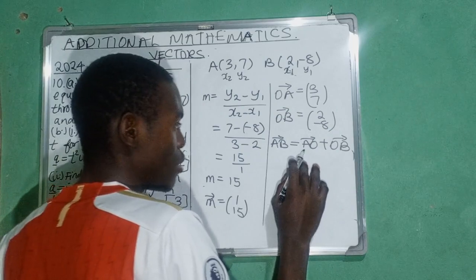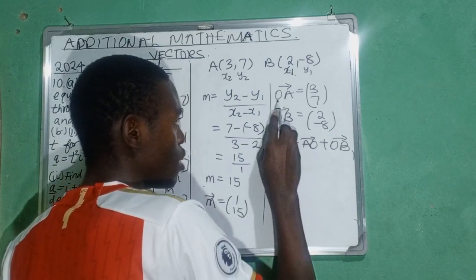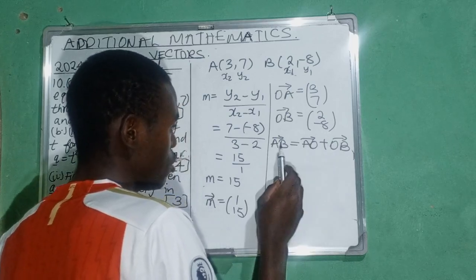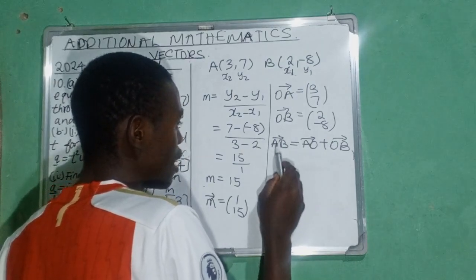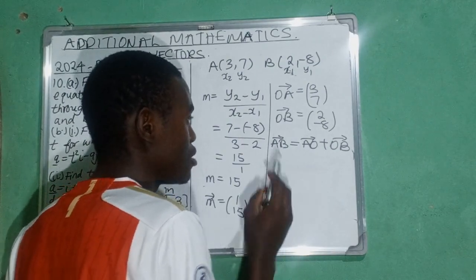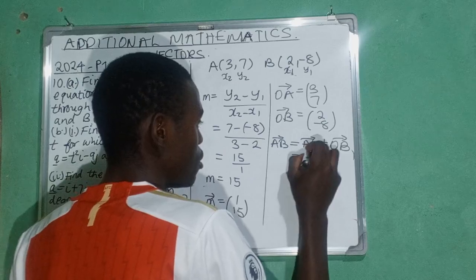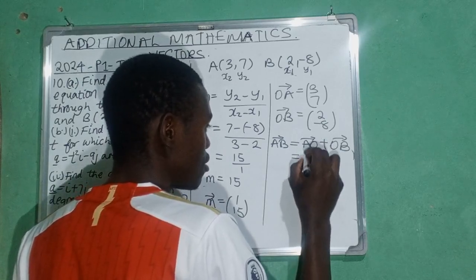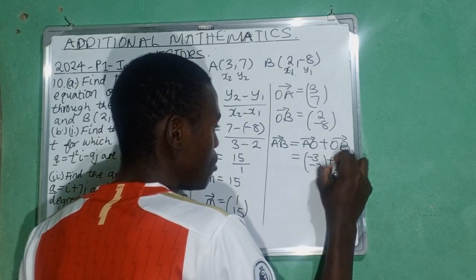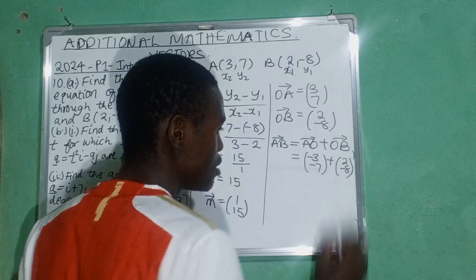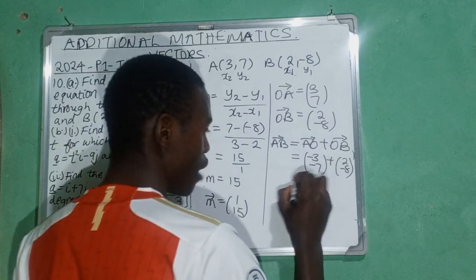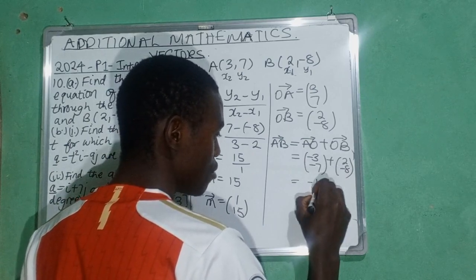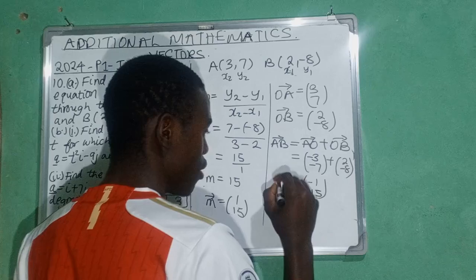We just change the direction: instead of going from O to A, we go from A to O and then O to B, so that we follow the pattern of the resultant vector. AO is (negative 3, negative 7) and OB is (2, negative 8). If we add, we get negative 1 on top and negative 15 at the bottom as our AB.